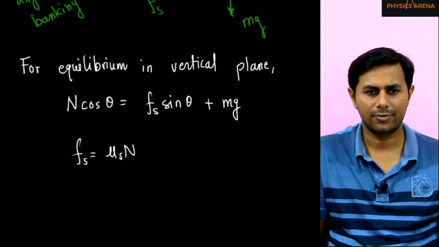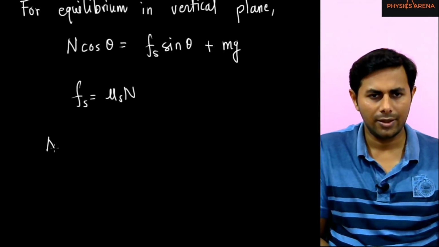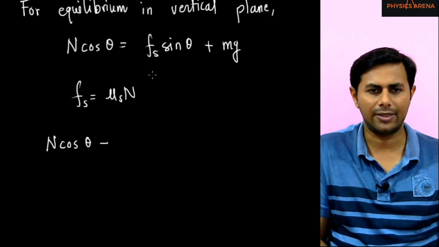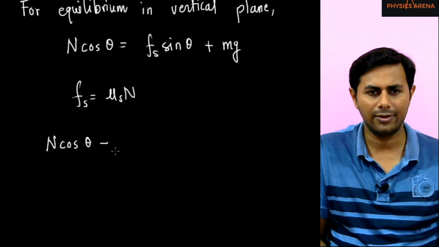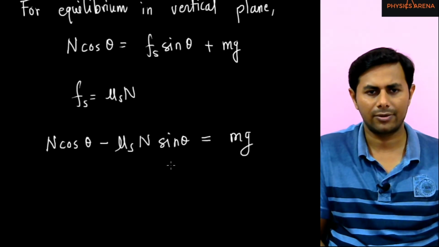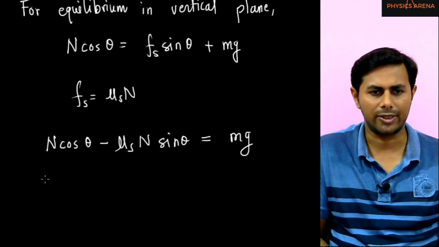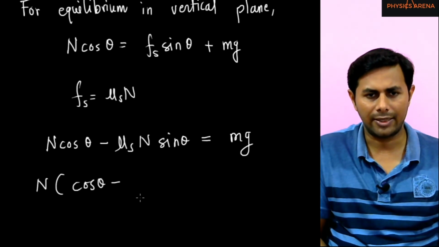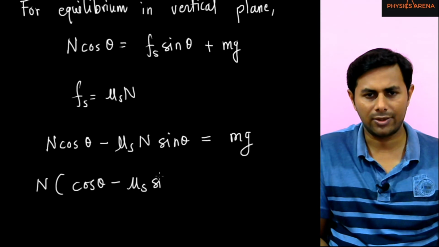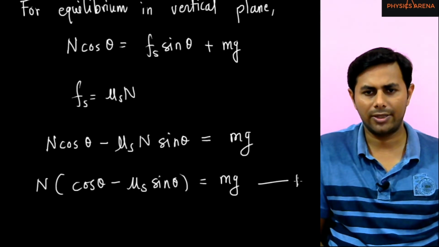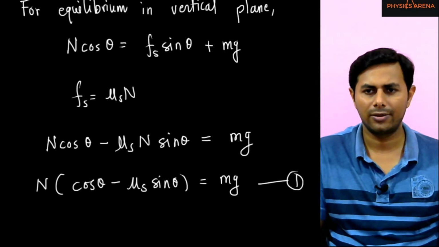So this becomes N cos theta minus mu s times N sin theta equals mg, and we can take N common. So N times (cos theta minus mu s sin theta) is equal to mg. I will call this equation number 1.